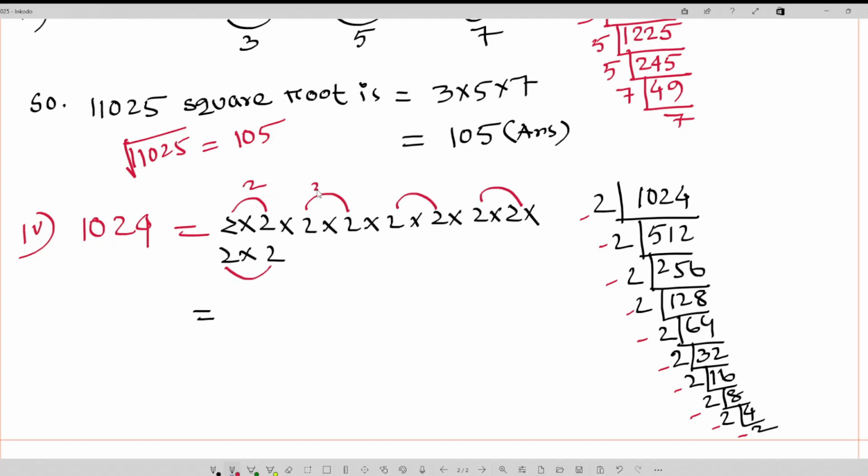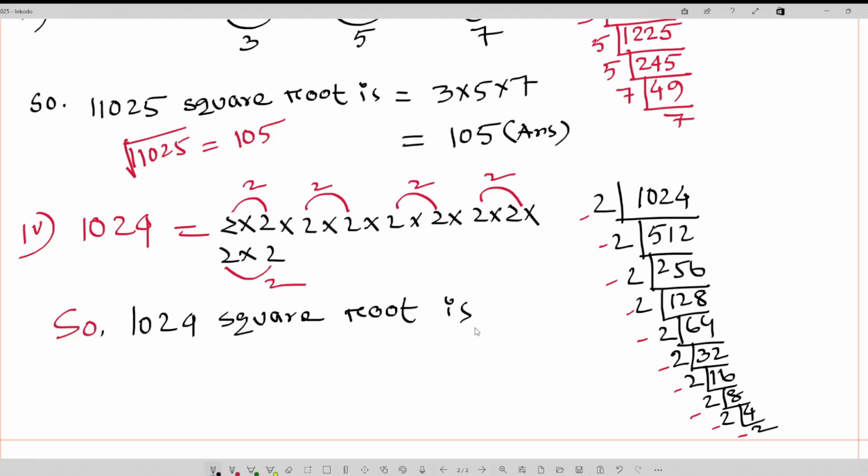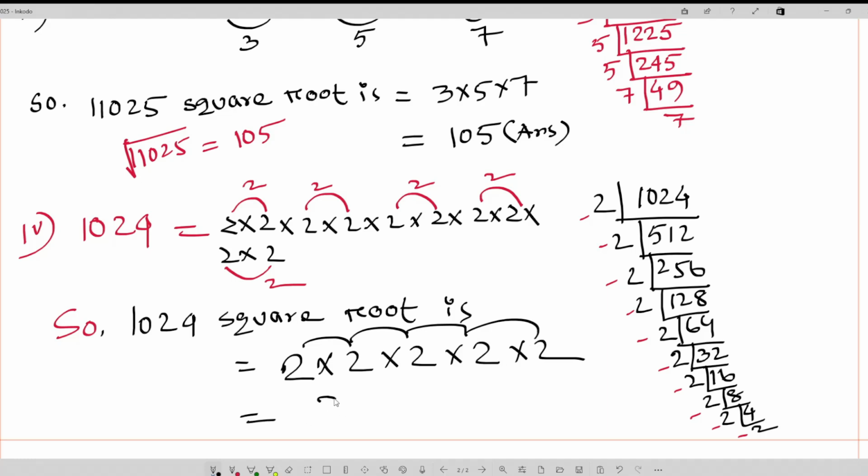From these pairs we take 2, 2, 2, 2 and 2. So the square root of 1024 is five 2s. So 2 times 2 is 4, 8, 16, 32, and 32 is our answer. So the square root of 1024 is 32.